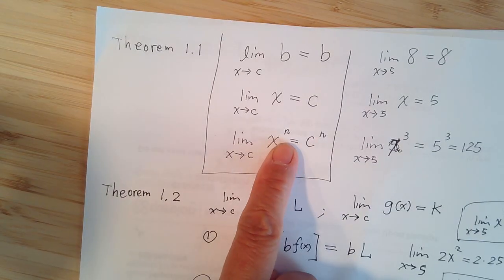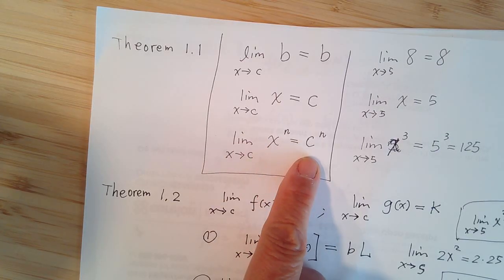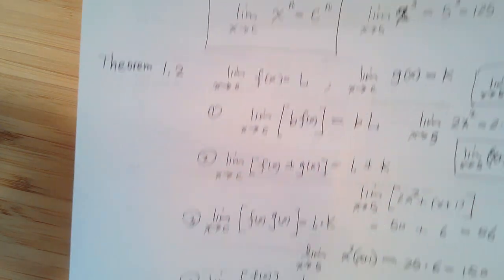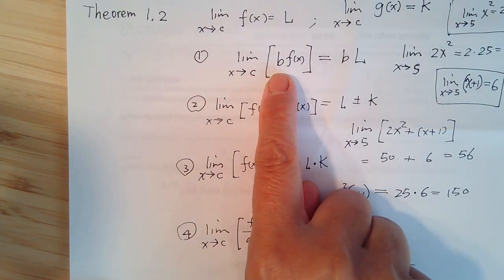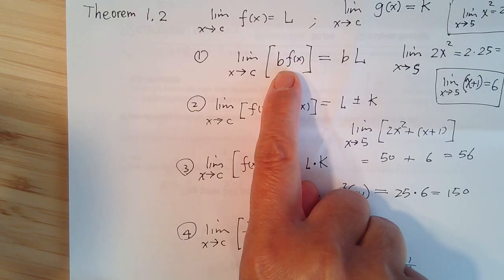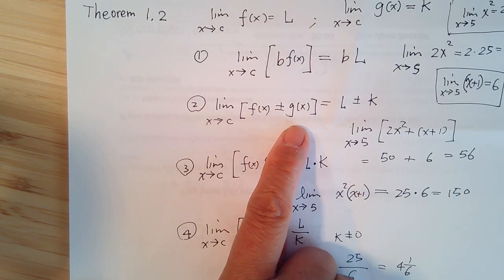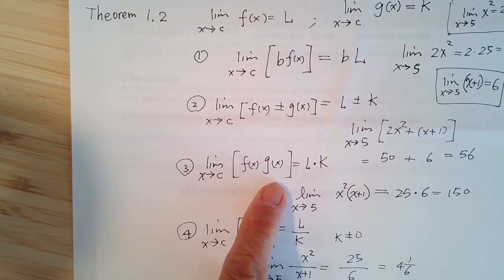And if n is a positive integer, then the limit of x to the nth power is c to the nth power. Direct substitution. Okay. Now, theorem 2 is more complicated. It talks about scalar multiplication, and this is the sum and difference of two functions.